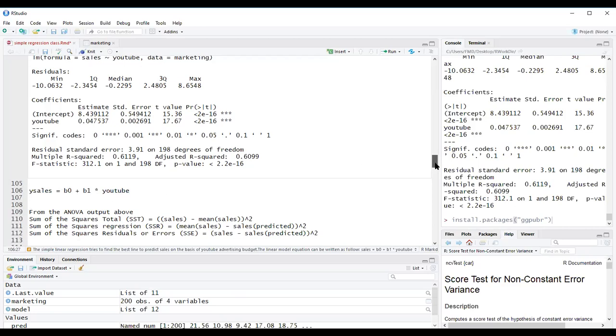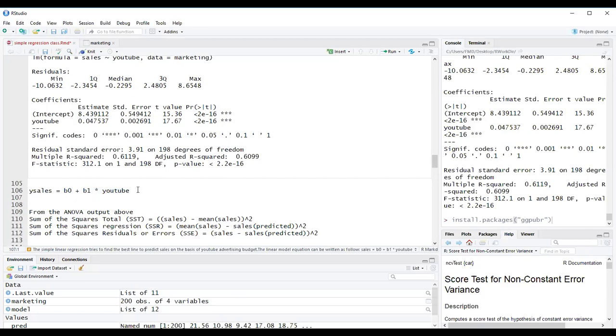First let's take a look at our coefficients. Intercept is B null, guys. That's your 8.439. This is your intercept. So this is the value of your sales when YouTube is equal to 0. Because if you substitute YouTube with 0, then it doesn't matter what the value of B1 is, this will still translate to 0, and you're left with Y sales equal to B sub 0.